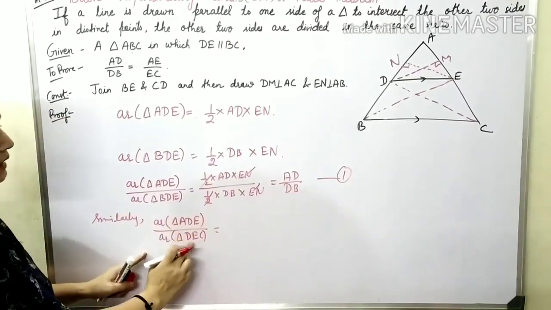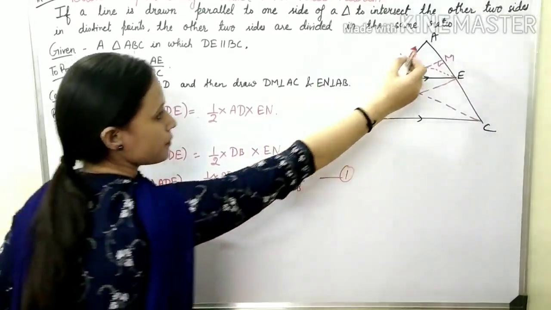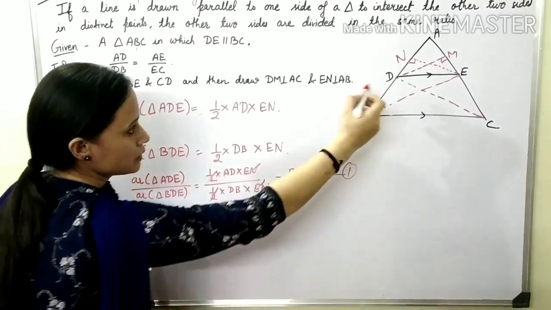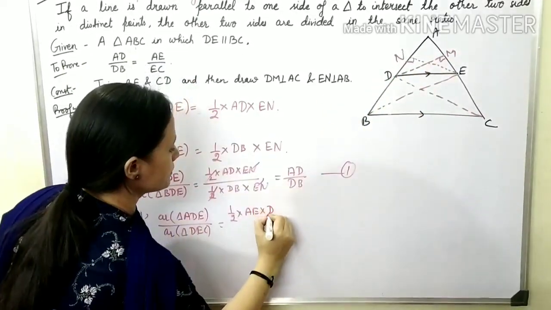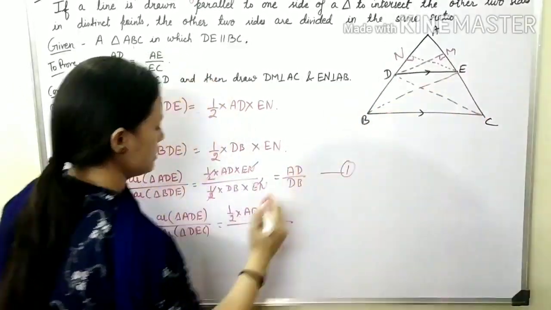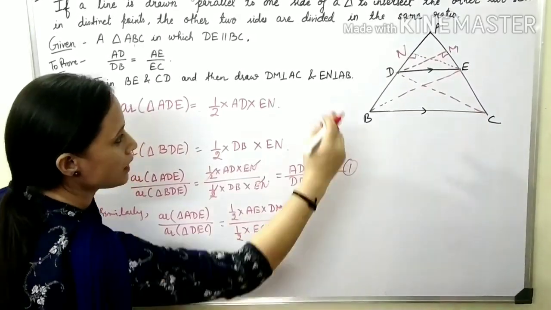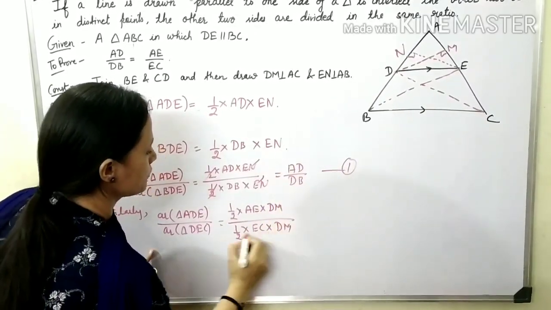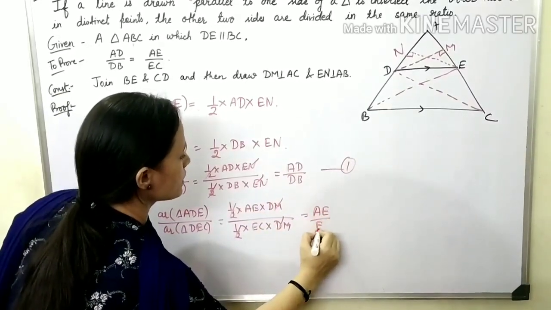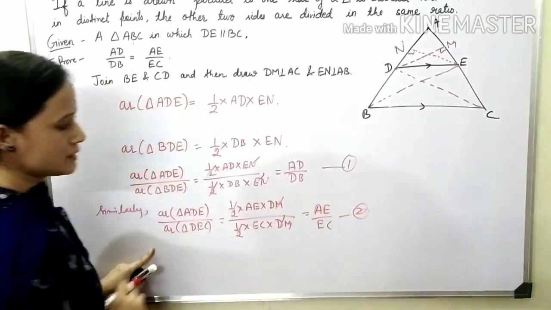Area of triangle ADE upon DEC is equal to half base AE into the perpendicular DM, the height is DM, and for triangle DEC again half, the base is EC and the height is DM only. So we get the ratio of the areas of the two triangles as AE upon EC.